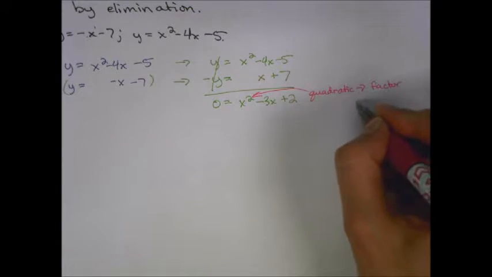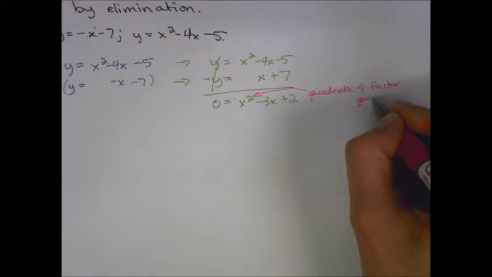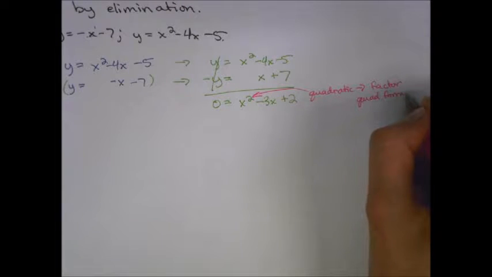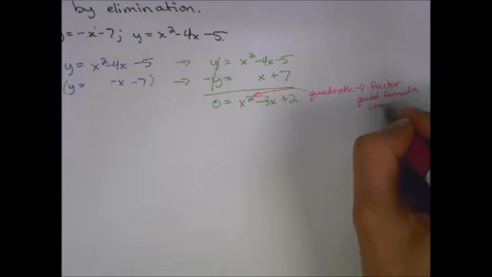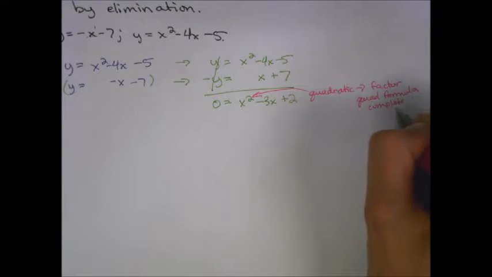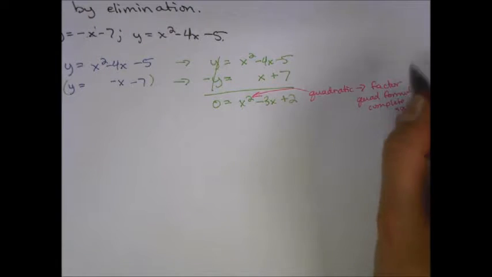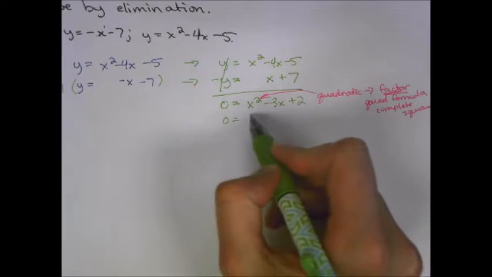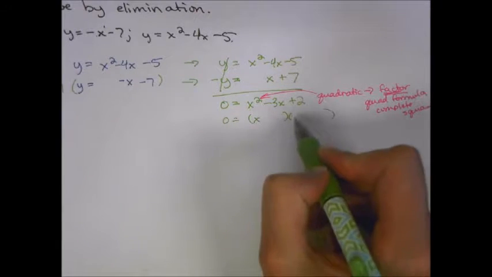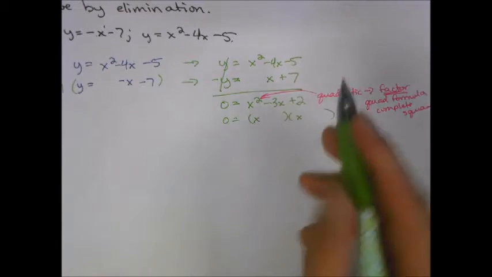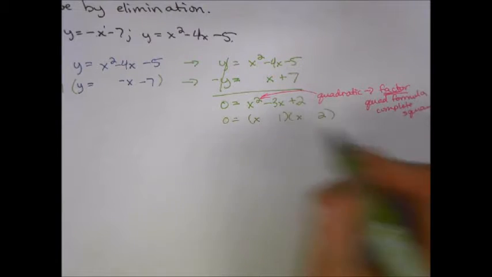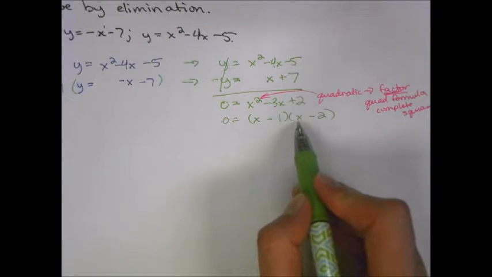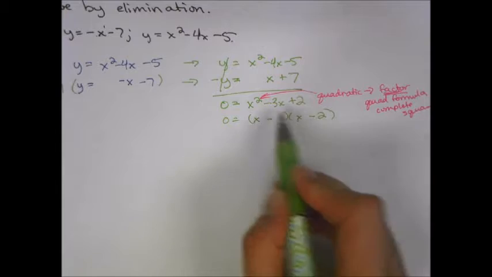I always like to check for the first one, can it factor? It can. To get to 2, I need 1 and 2. I make them both negative, that's negative x, minus 2x, that's negative 3x. Now I set both equal to 0, and I get x equals 1, comma 2.